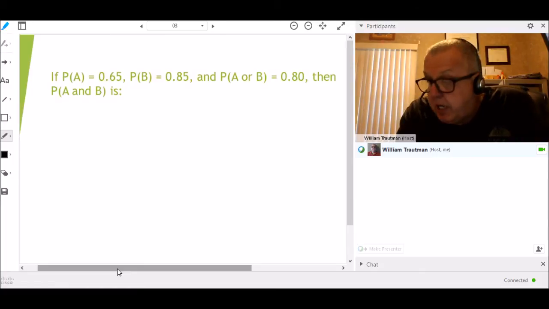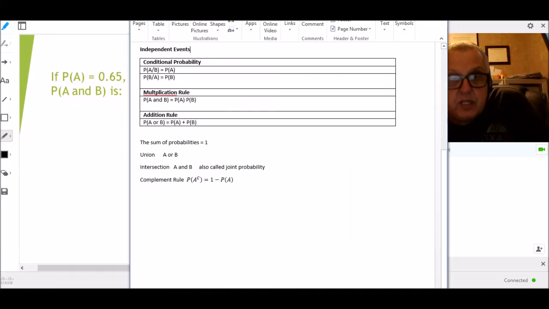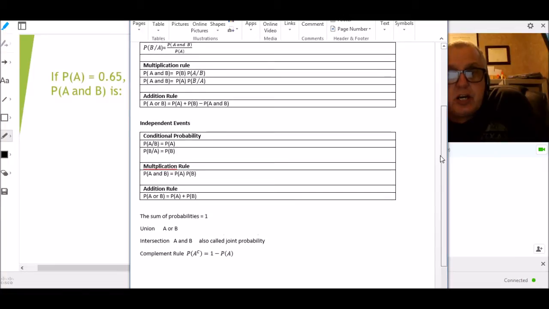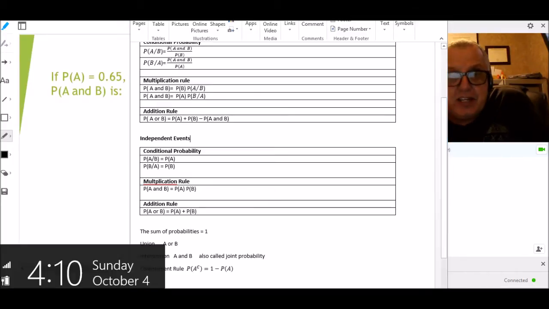I'm going to my formula sheet, and if you go to your formula sheet, look up the addition rule. It pretty much has everything we're talking about. When you're looking for a formula, you're looking for a formula that has everything that we're talking about here.